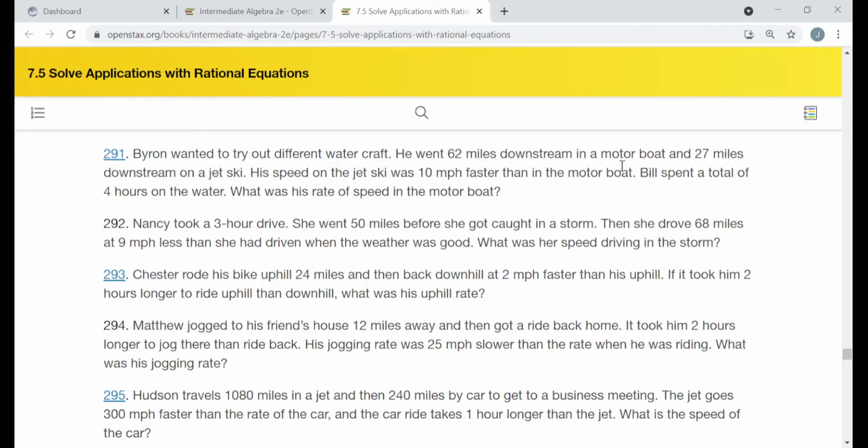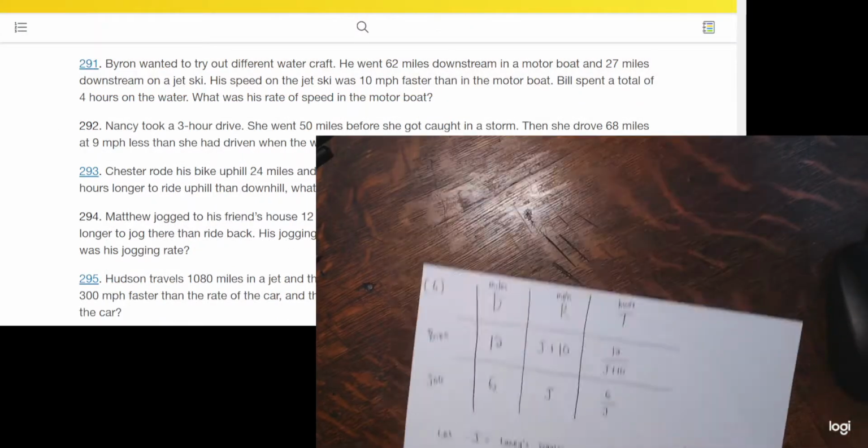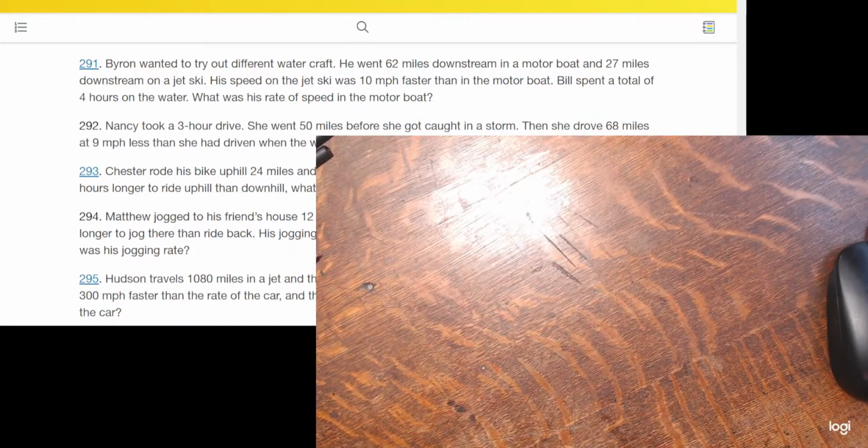So you have a motorboat trip and a jet ski trip. Those will be the 2 rows of my table. His speed on the jet ski was 10 miles per hour faster than in the motorboat. He spent a total of 4 hours on the water. What was his rate of speed in the motorboat? Okay. So again, bringing it back. Example 7.